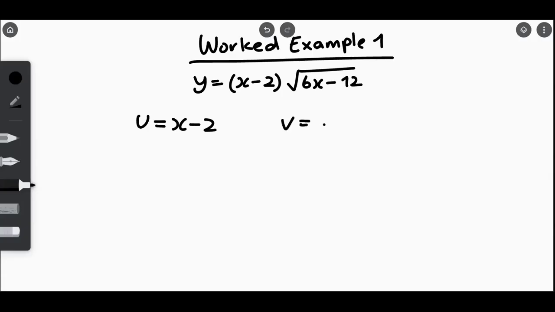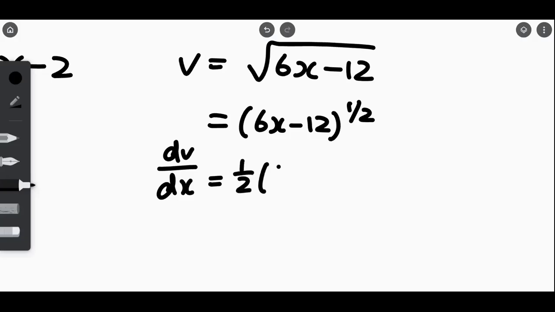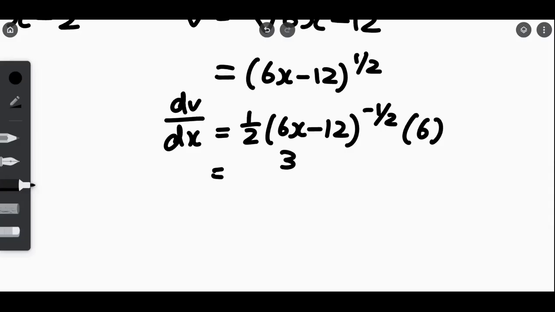and we can simplify the v because the v is a little bit complex, so it will be (6x minus 12) to the power of half. And yes, you may write half like this. So what is dv/dx? It is 1 half, (6x minus 12) to the power, take away 1, times the differentiation of the bracket, which is 3, giving 3 over the square root of 6x minus 12.